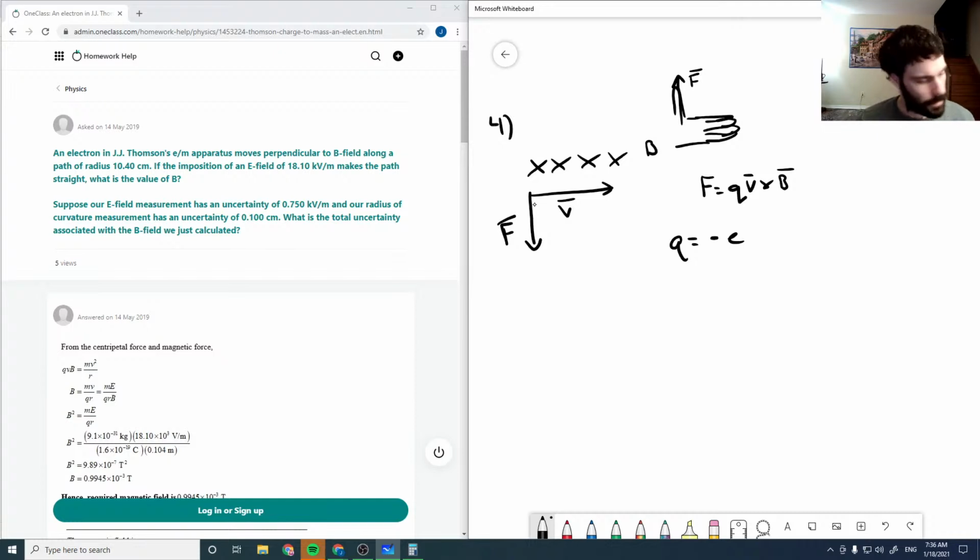That's not super necessary for this question, but just an aside. So our force is qv cross B, which, as they're perpendicular, can be just written as qvB.